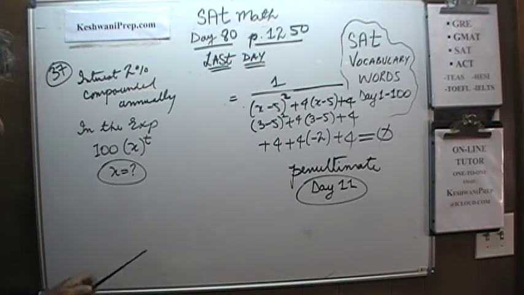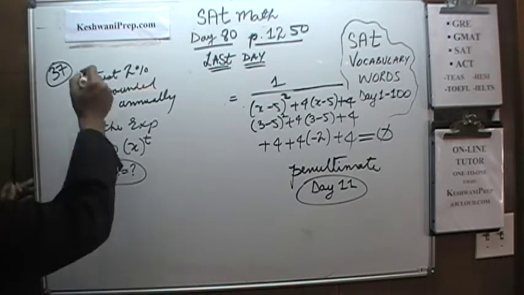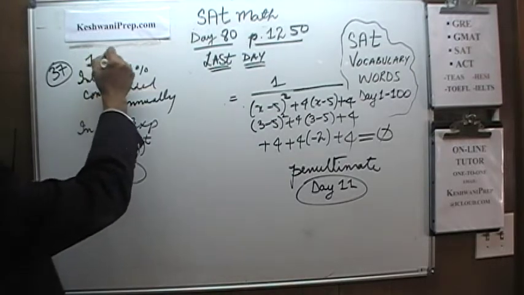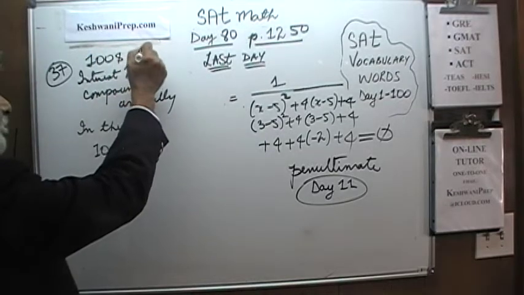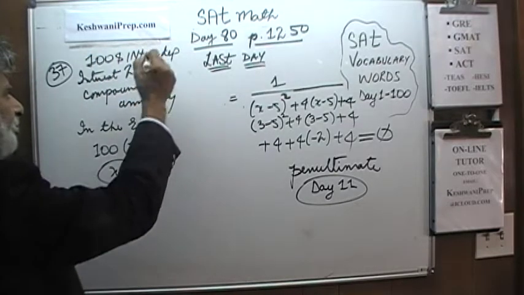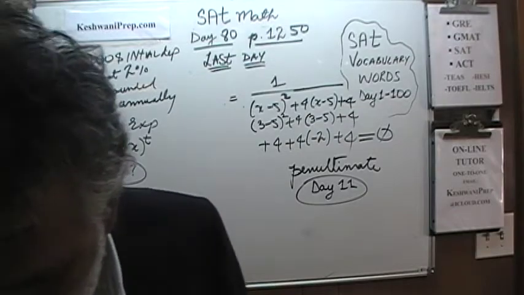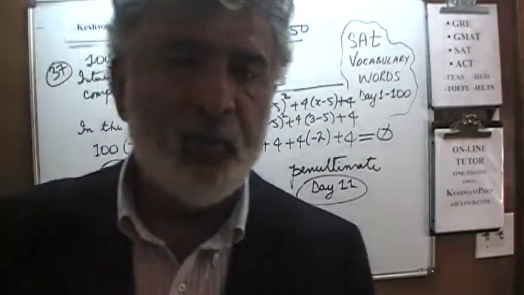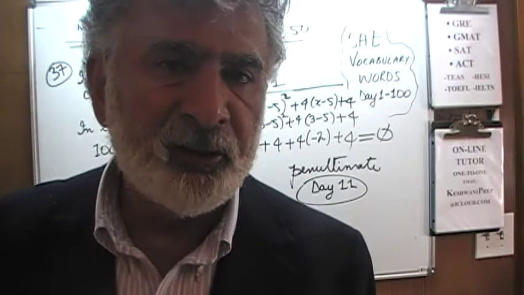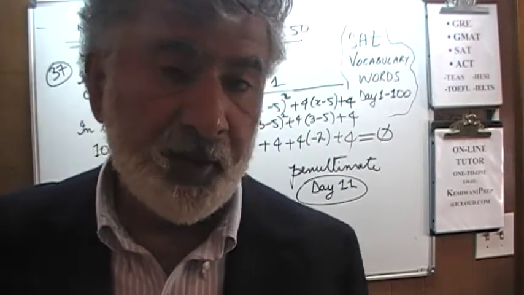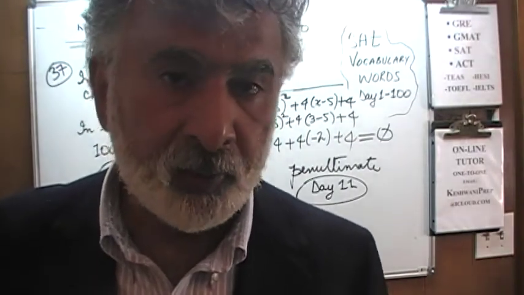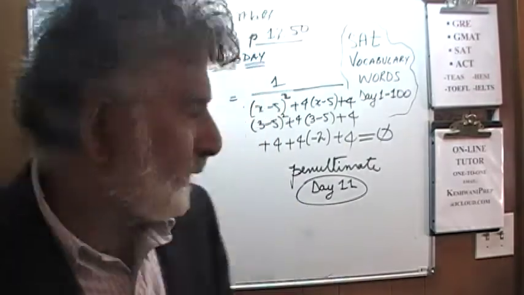What's the value of x? The part that I left out is that we're going to put $100 initially as an initial deposit. So we go to the bank, and the bank tells us that we have a special account which gives 2% interest compounded annually, and I say, fine, here's $100, I want to open the account. And I open the account.